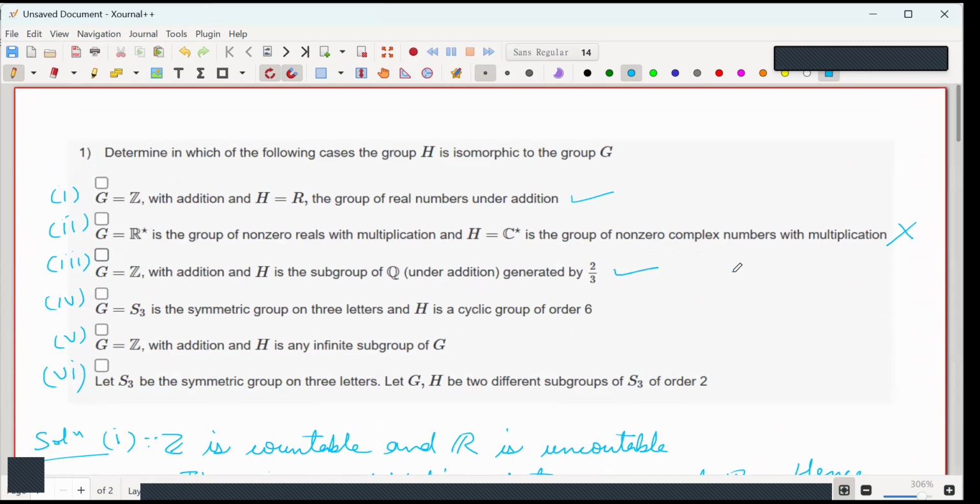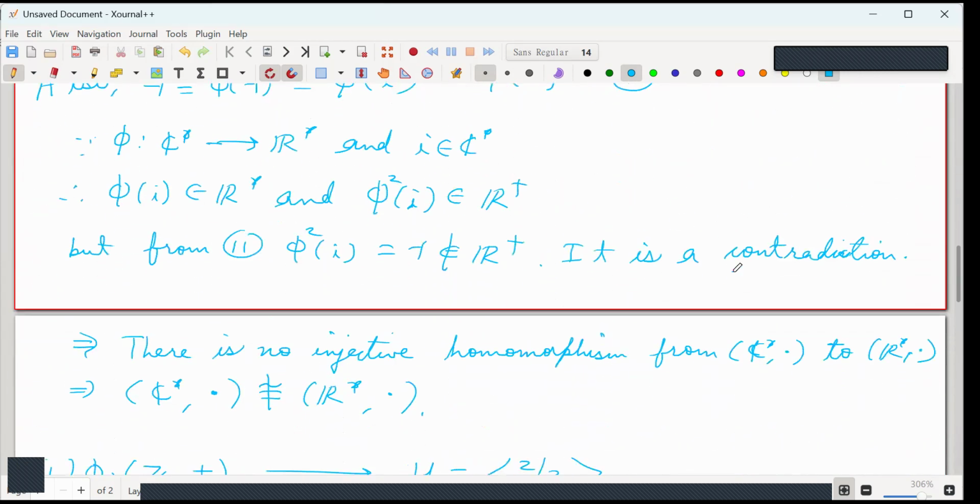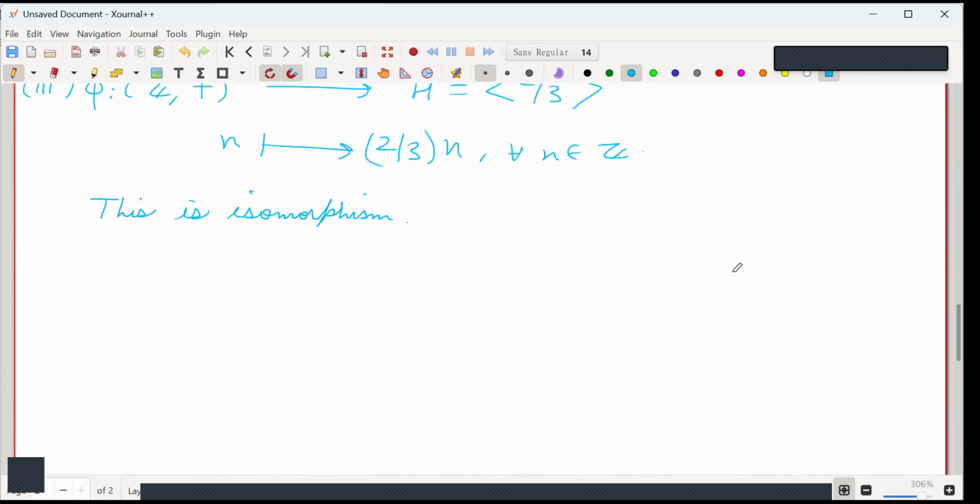G is S3, the symmetric group on three letters, and H is a cyclic group of order 6. So are they isomorphic? No, sir. Why?